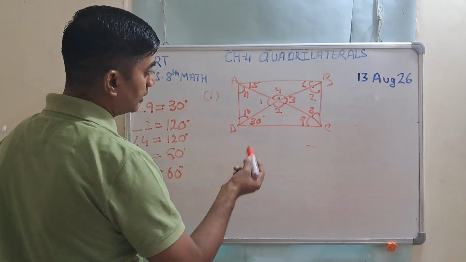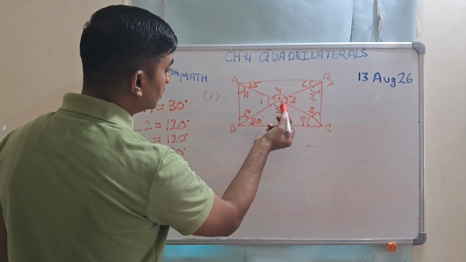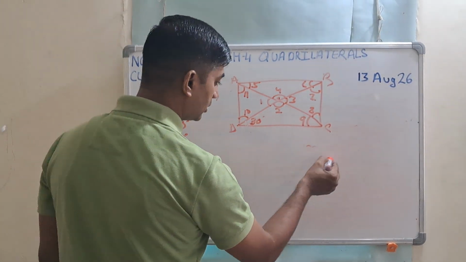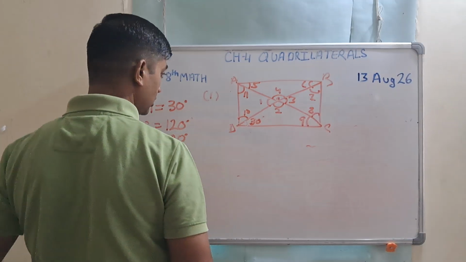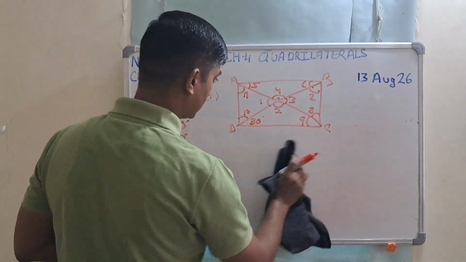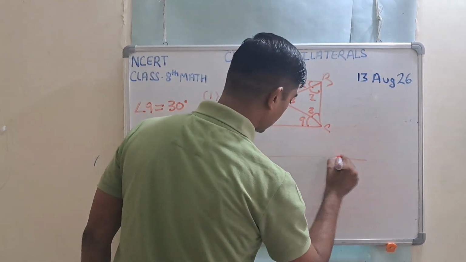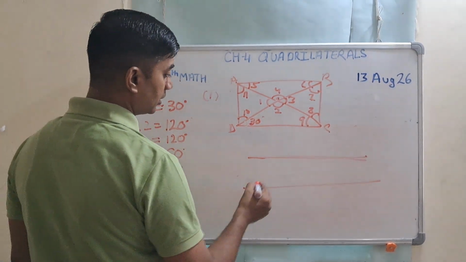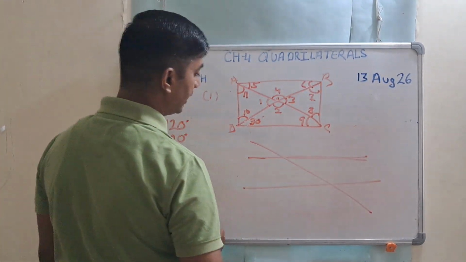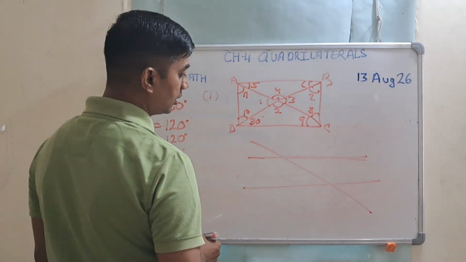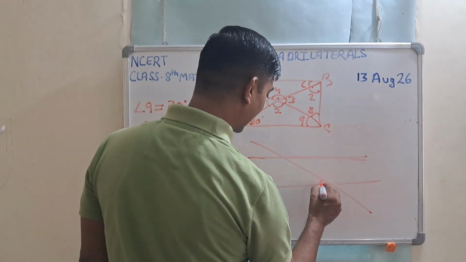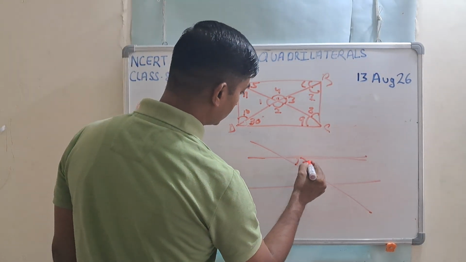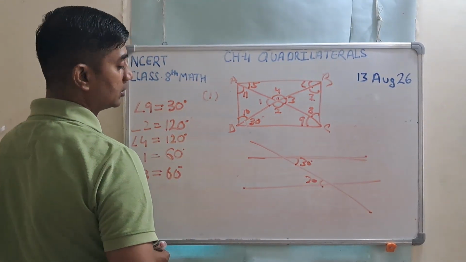Now see, AC is a transversal line, these are two parallel lines, and we know that this angle is 30 degrees. It means that this angle is also 30 degrees. Understood?